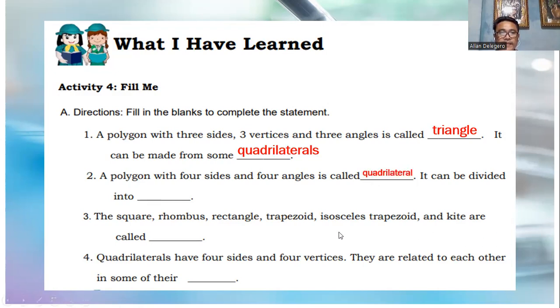It can be divided into triangle. Number 3, the square, rhombus, rectangle, trapezoid, isosceles trapezoid, and kite are called quadrilaterals. 4, quadrilaterals have 4 sides and 4 vertices. They are related to each other in some of their characteristics.